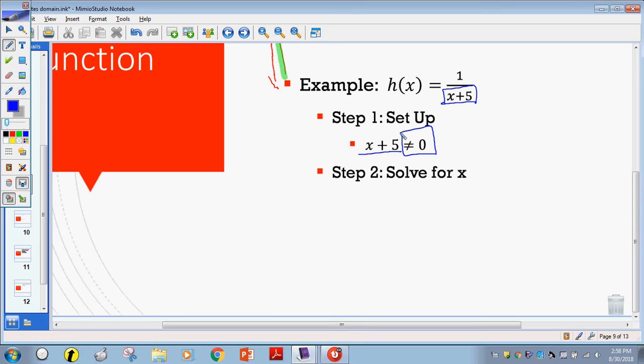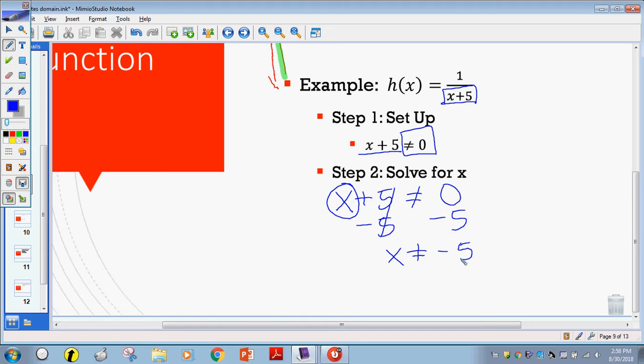Step 2. Solve for x. If I have x plus 5 does not equal 0, I need to get x by itself. So what am I doing? Subtracting 5. What I do to one side, I do to the other. So x does not equal negative 5. Was that any different, really, from doing a square root?